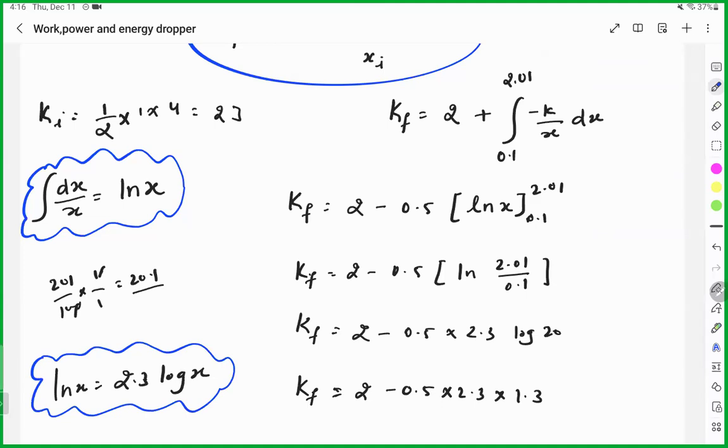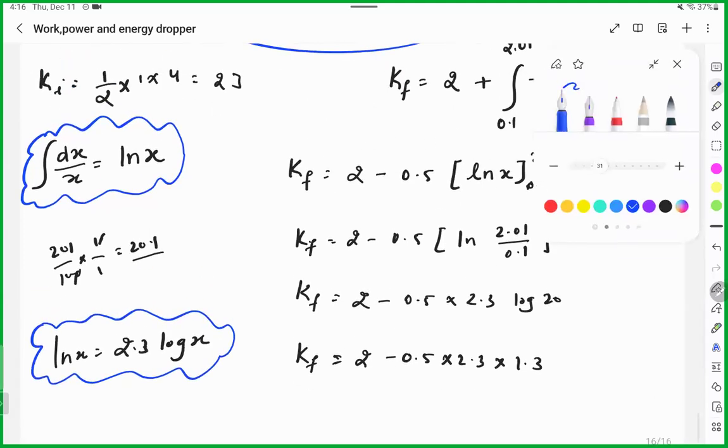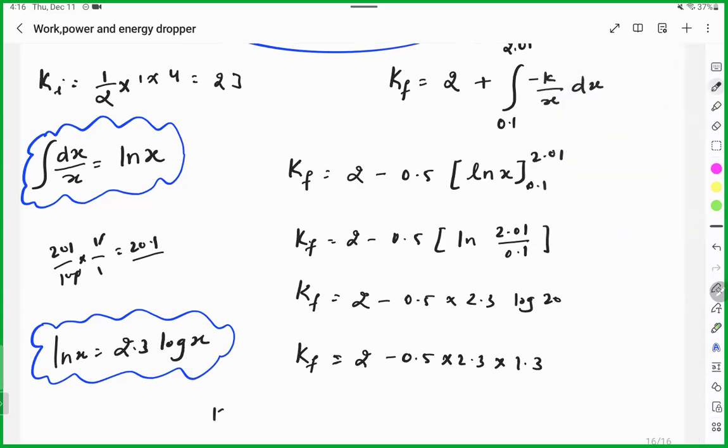No, sir. Because if you want to calculate speed, how will you do it? Final kinetic energy is equal to half mv square. So v will be the square root of 2 kinetic energy divided by m. We will get the final K value from here and then put the mass value as 1. Then it will be easy.